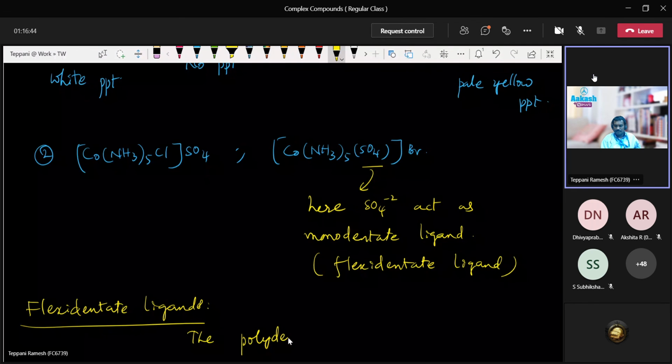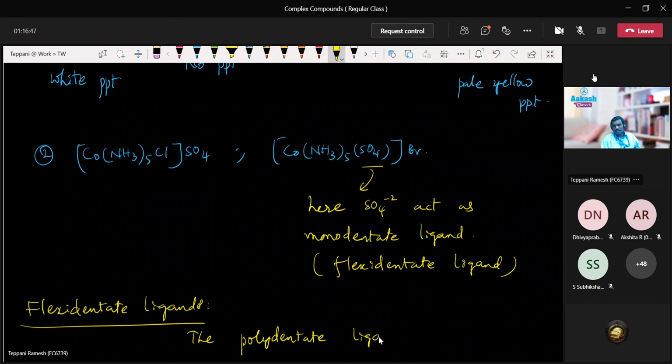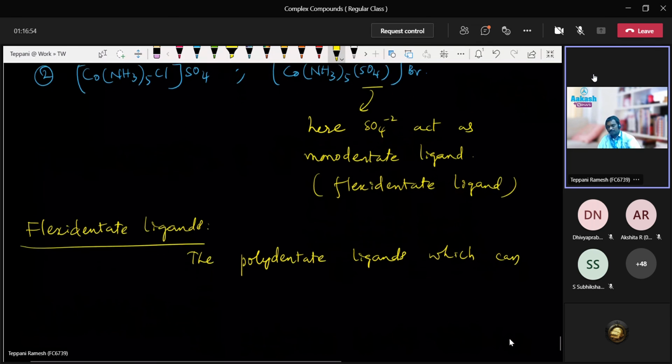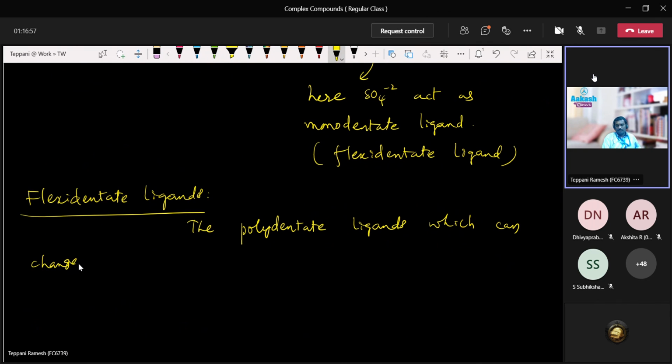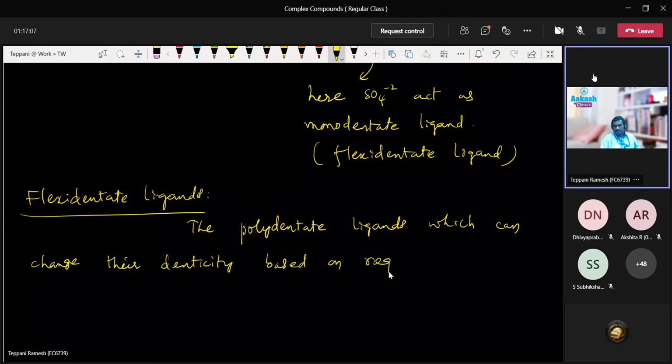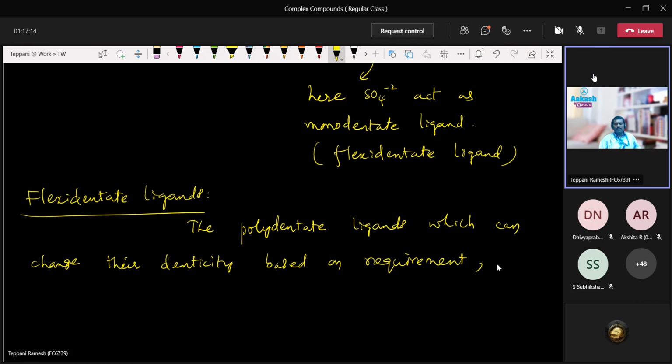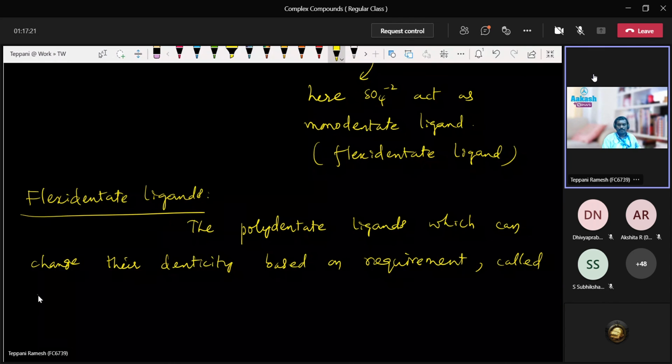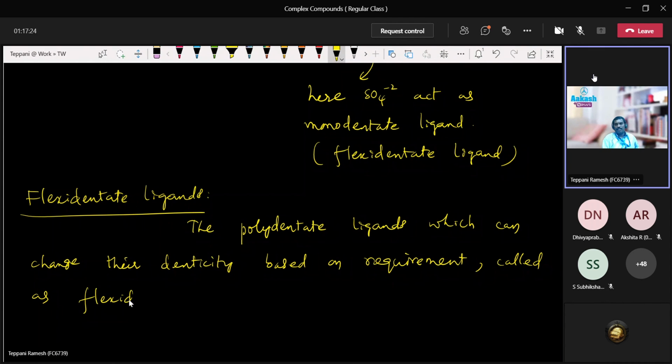So what is a flexidentate ligand? Polydentate ligands which can change their denticity based on requirement are called flexidentate ligands.